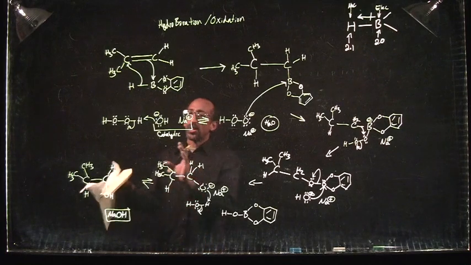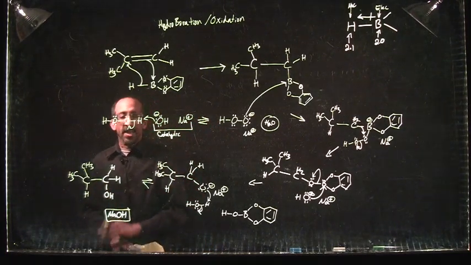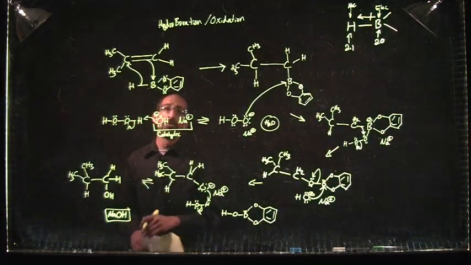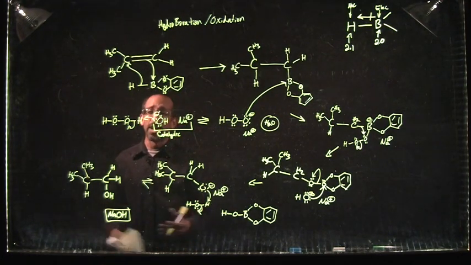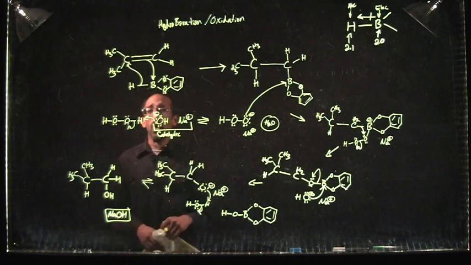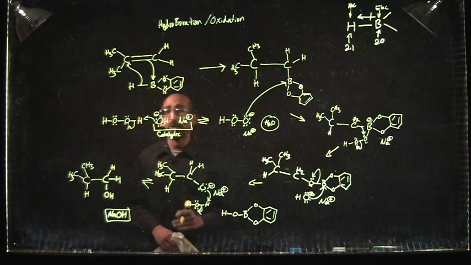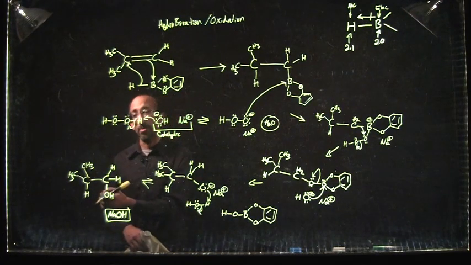Now, let's take a look at this product. If we recall back to when we were adding water across a double bond using sulfuric acid and H2O, we found that the OH actually added to the more substituted carbon.